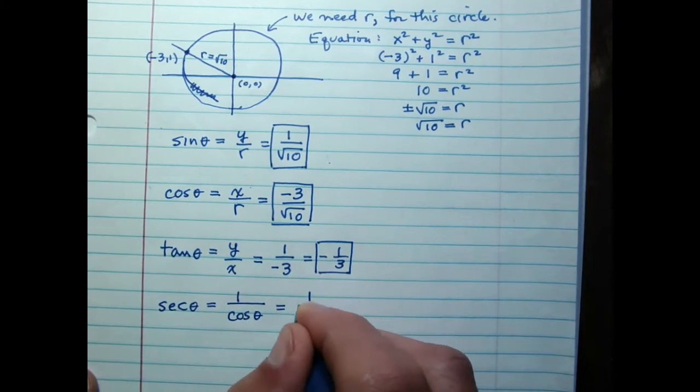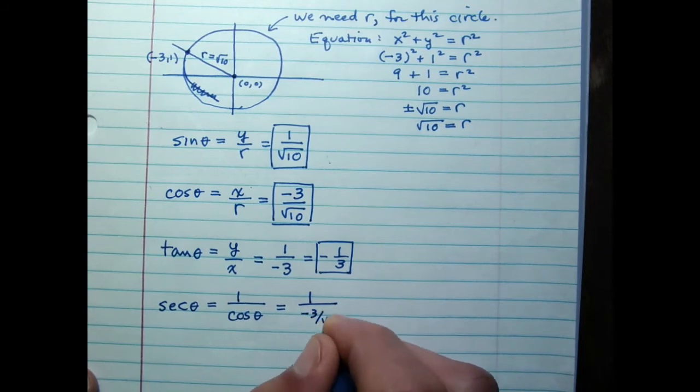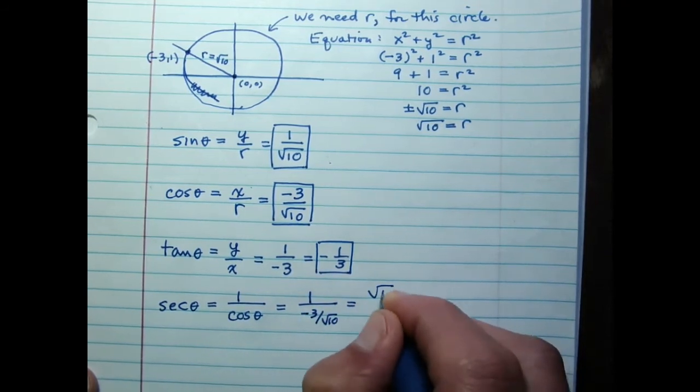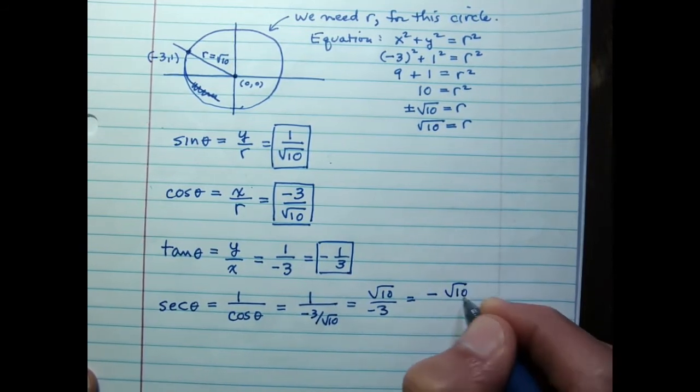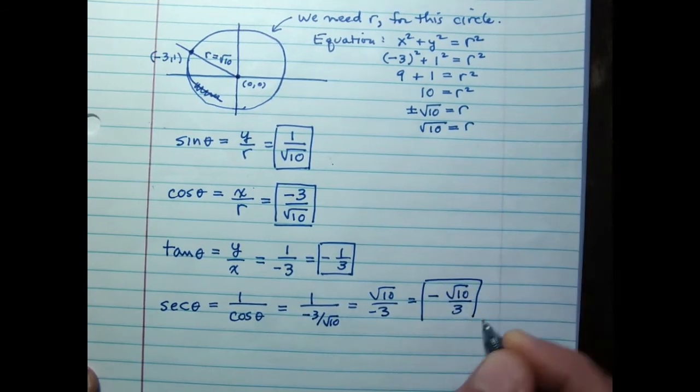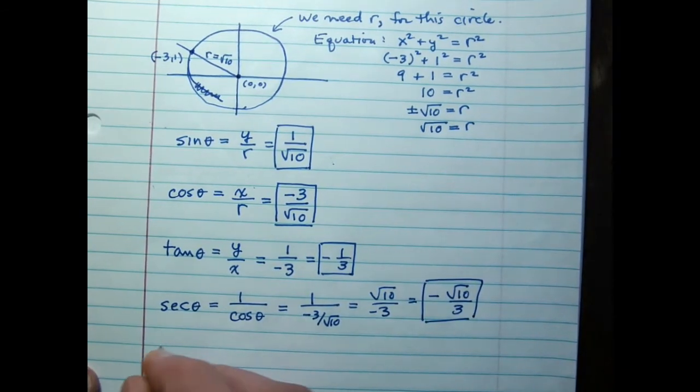The x coordinate is -3. The radius is square root of 10. So -3 over square root of 10 is the cosine. And you can rationalize those if you want. I'm not going to do that right here. But just notice the cosine's coming out to be negative. Tangent of theta is y over x. That's going to be 1 over -3, or negative a third, that's also a negative value.